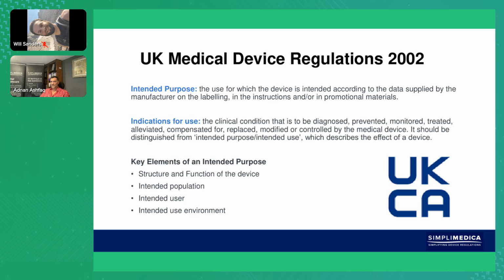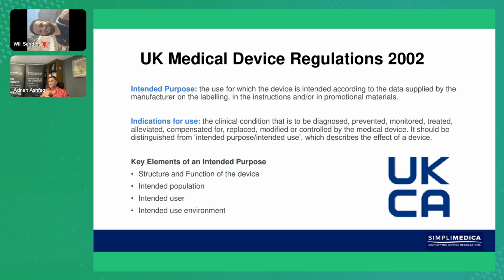The UK regulations also have a definition of the intended purpose, which states the use for which the device is intended according to the data supplied by the manufacturer, the labeling, the instructions and/or promotional materials. Again, very similar to the EU MDR, which, as most of us will know, the UK regulations is the old 93/42/EEC directive, which has been adopted in the United Kingdom.